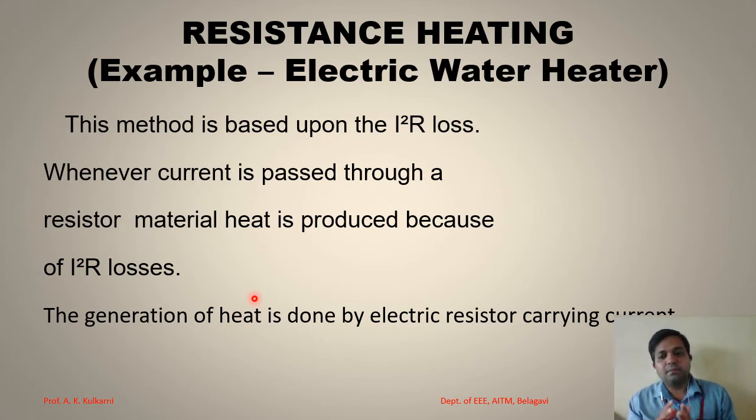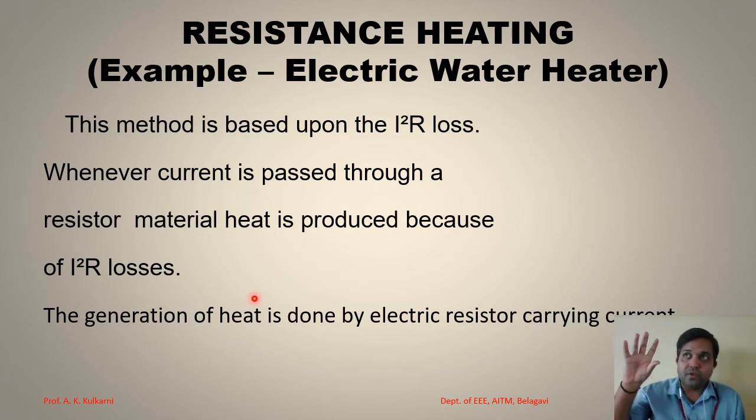The best example of I squared R loss heating is a fan. If you consider the appliance as a fan, we provide continuous supply to the fan. If you touch the ceiling fan, what will you observe? It is getting heated up, right? Due to what?